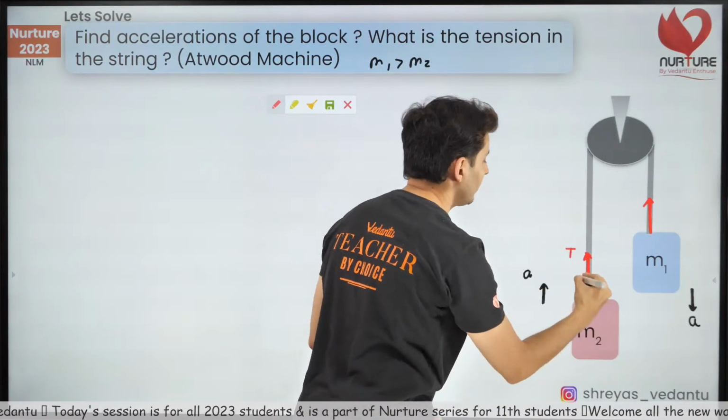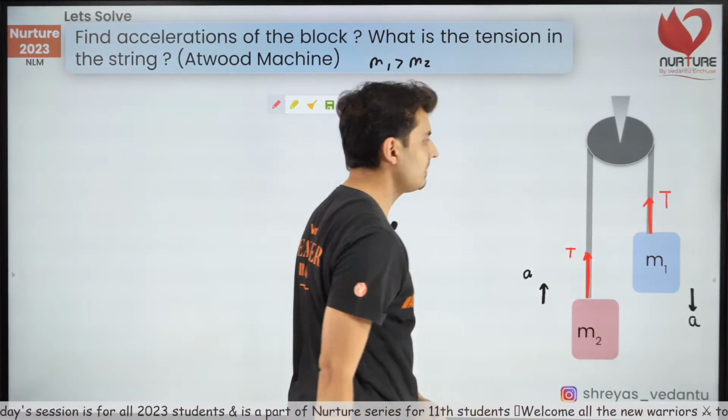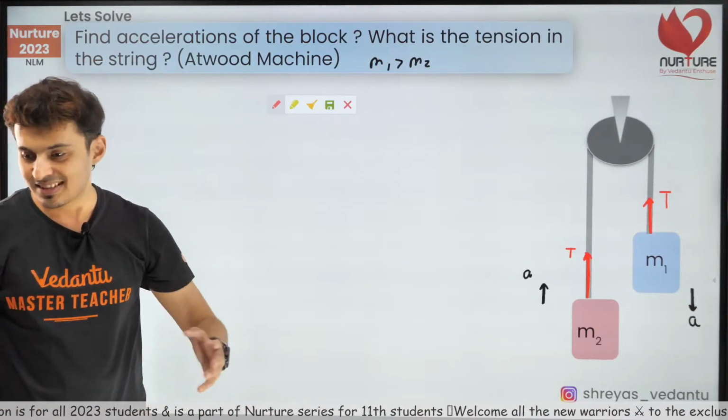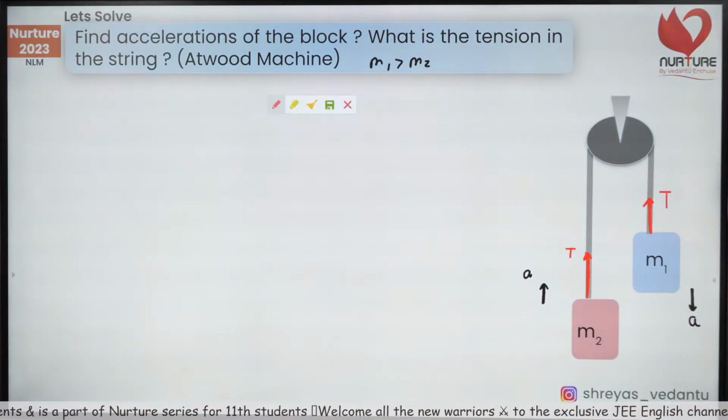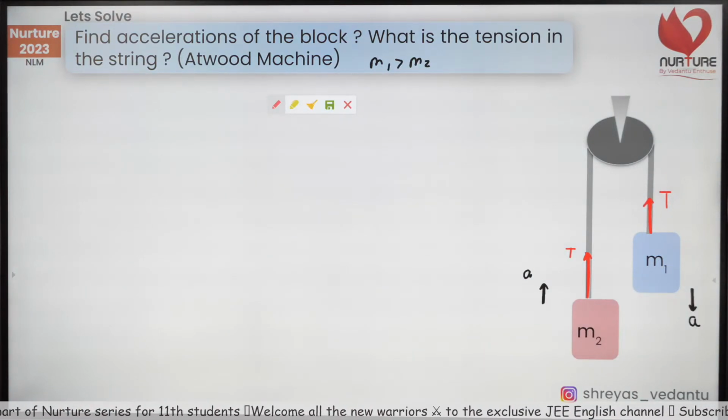And since the string is the same, the tensions will be the same. I hope this is clear. Everybody fine till this point? Let's get going.